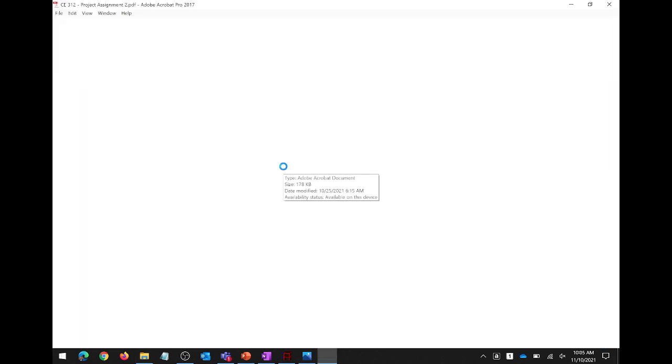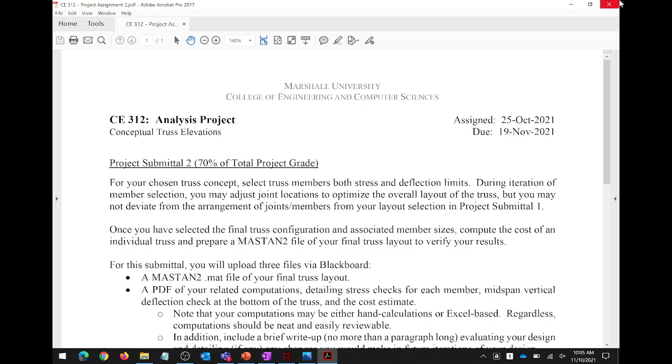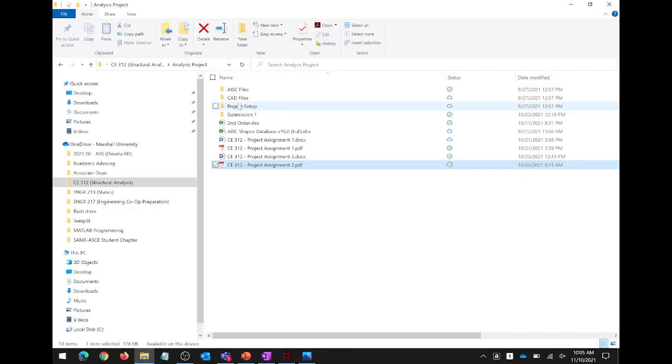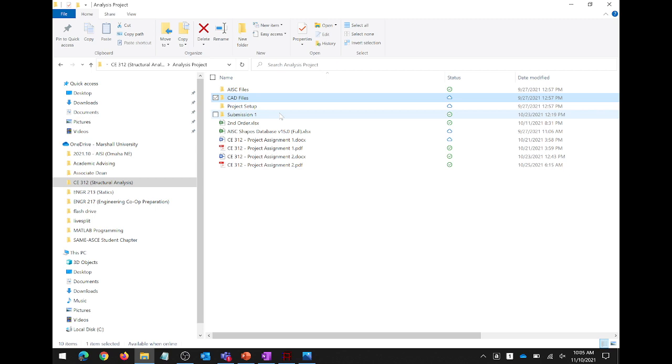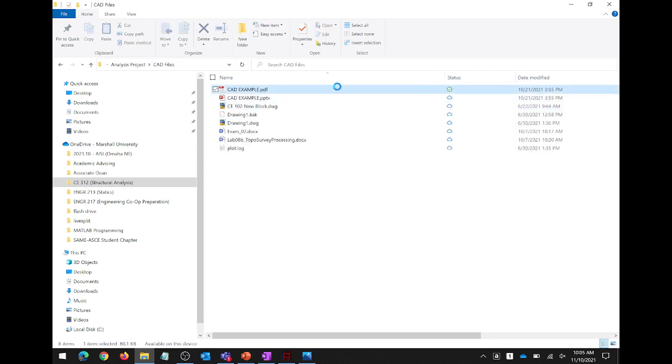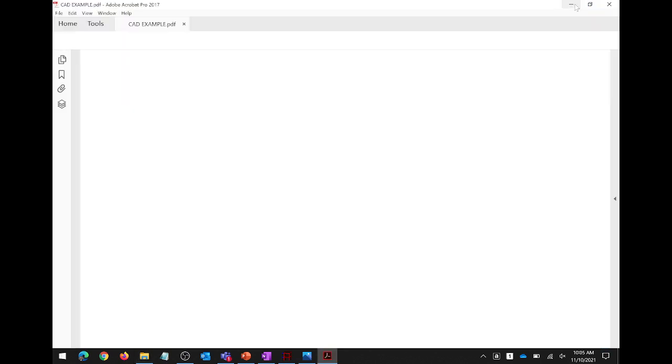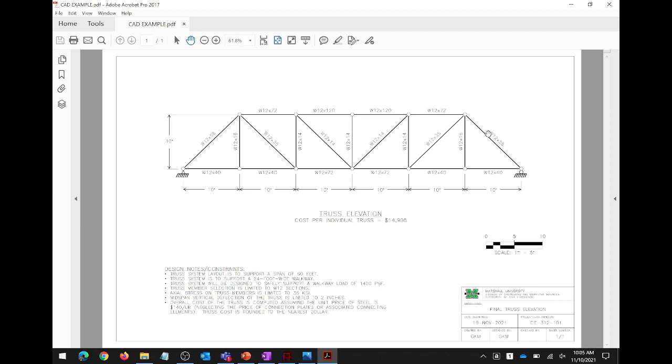I'll be mad at myself if it wasn't. Oh, I bet when I updated it, I didn't put it on there. My apologies. I will submit that. What it was supposed to look like was this. That's what was supposed to be on there. I will upload this. My sincere apologies. But yeah, I wanted the design notes and constraints right there. I will have this uploaded today.